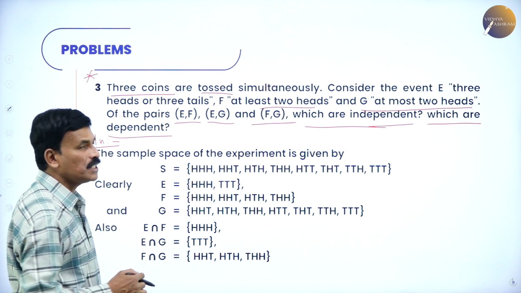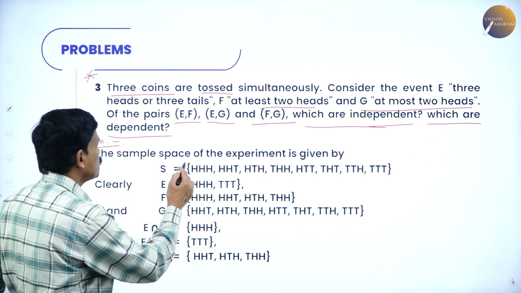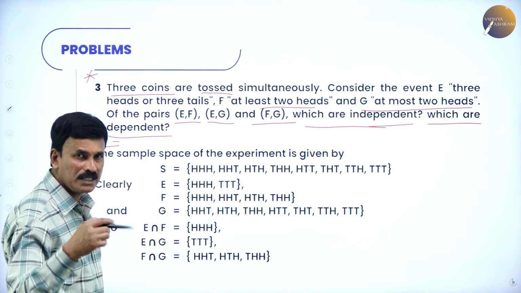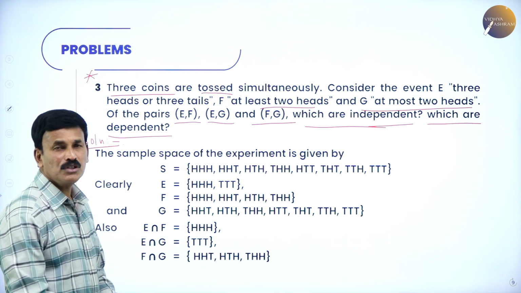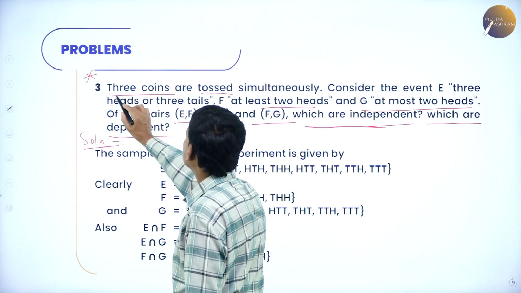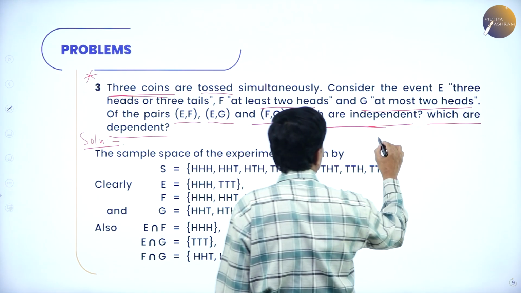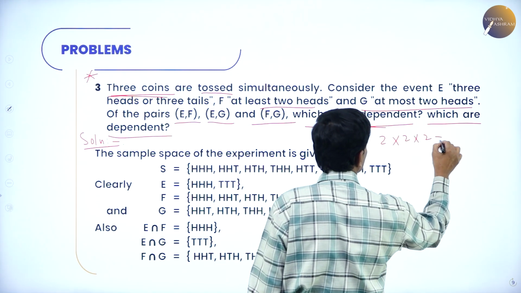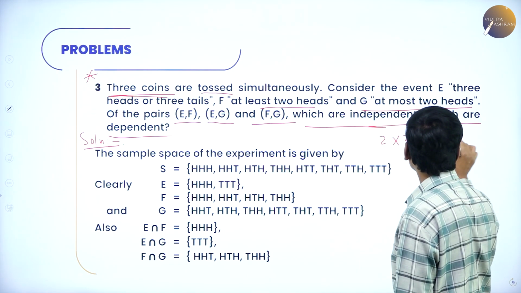The sample space of the experiment is S. If you are going to toss 3 coins, the number of outcomes is 2 into 2 into 2, which is 8.